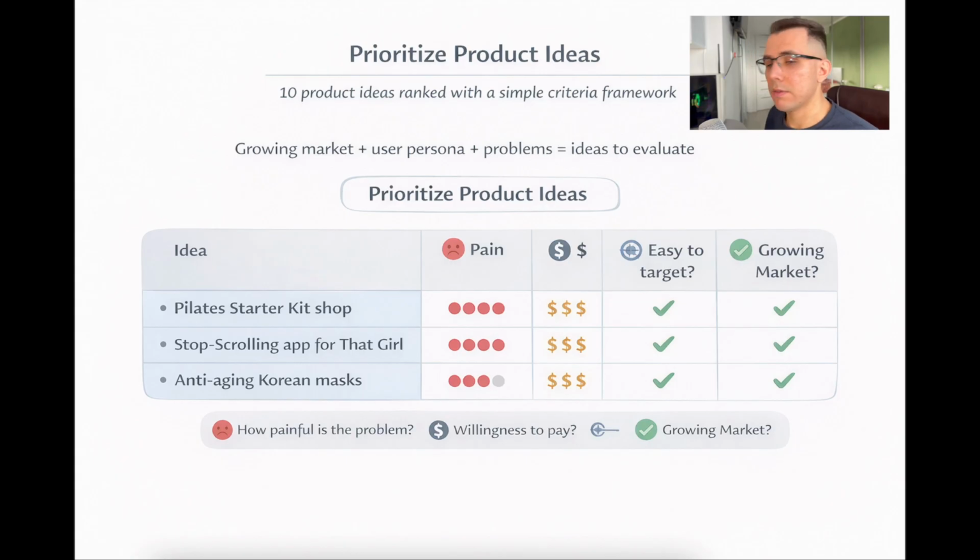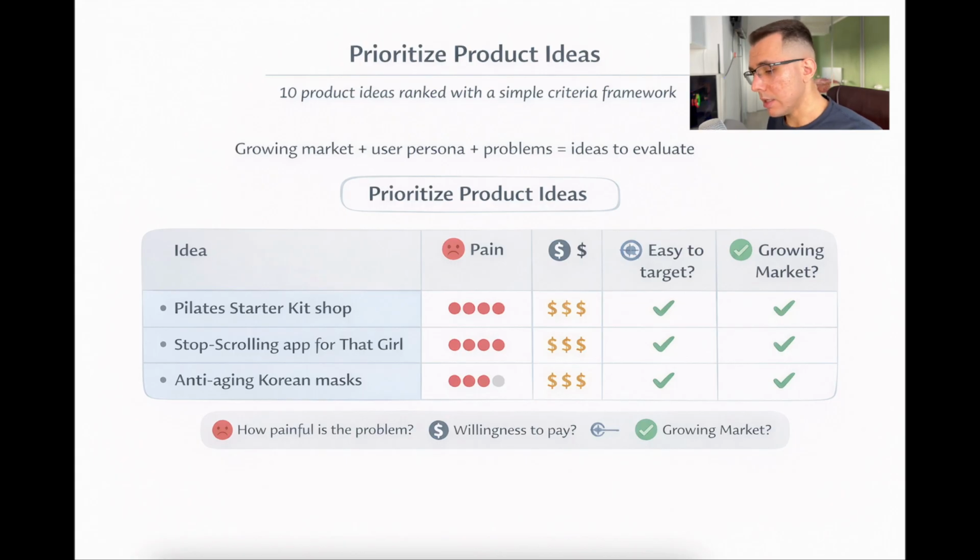Here on the list I have 3 potential solution ideas for the sake of the example. So first one, we have a Starter Kit shop. Next, a "stop scrolling" app for that girl or Pilates girl, basically replacing the doom scrolling with something useful, with something that they can relate to, something that they can share in their community, and so on.